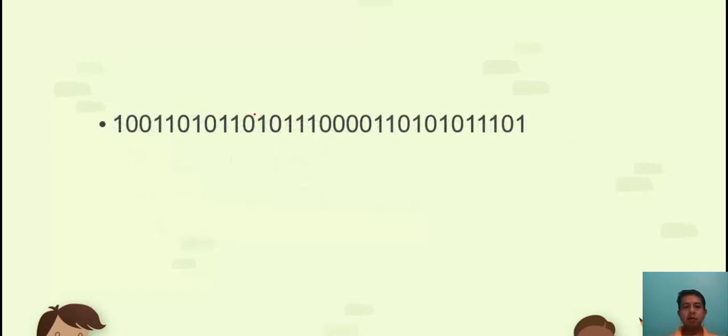So in IPv4 addresses, we have a 32-bit string like this. This is a random example, where we have taken any random 32 bits. So this is an example of an IPv4 address. This IPv4 address will contain in itself two pieces of information: the network ID and host ID. Clear?